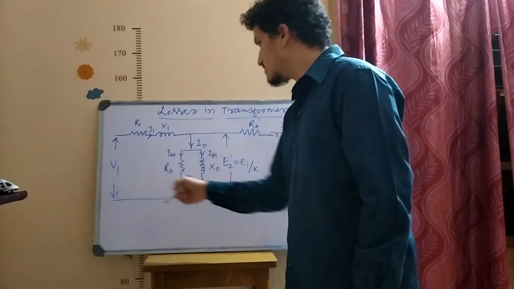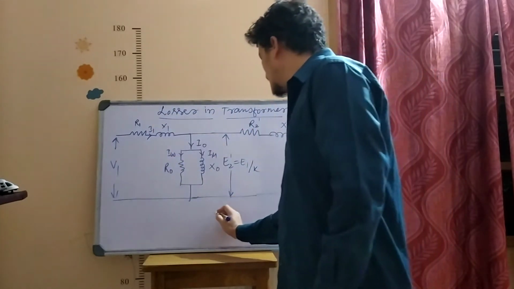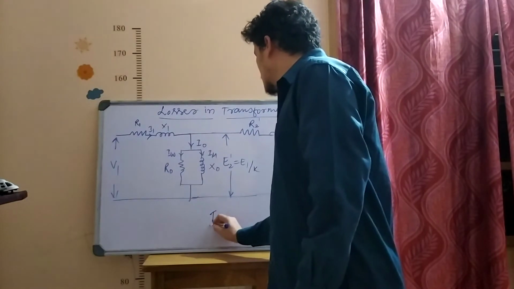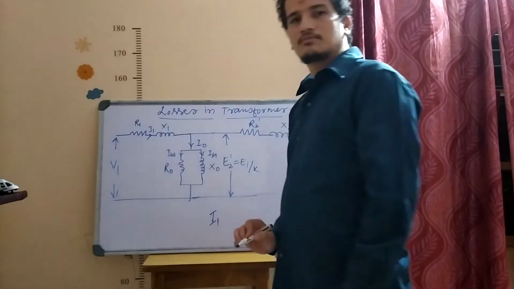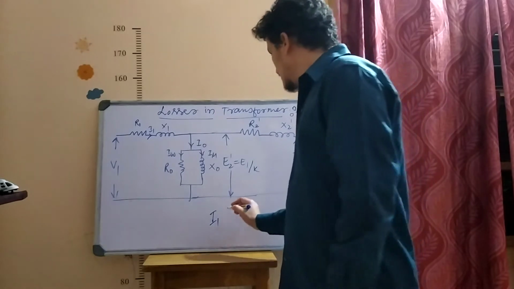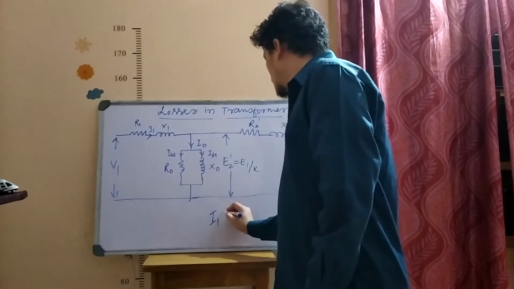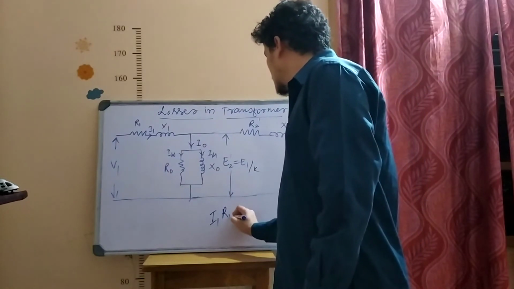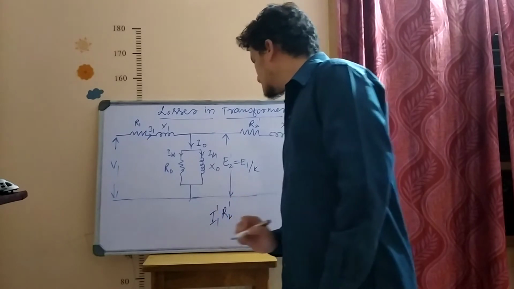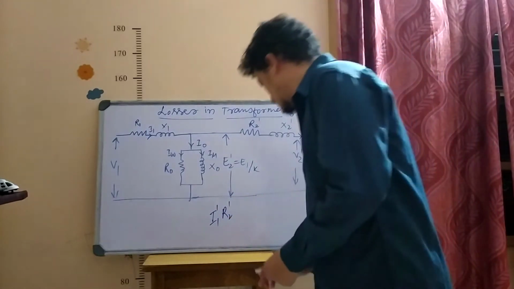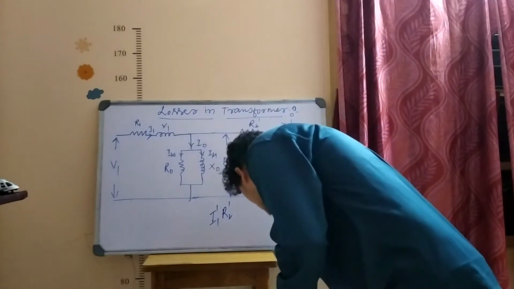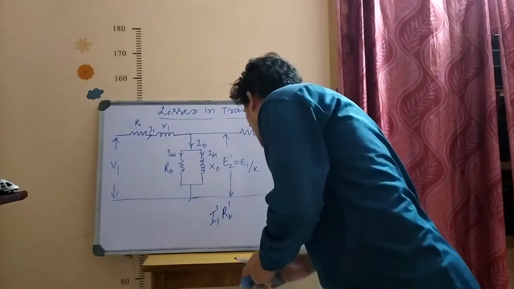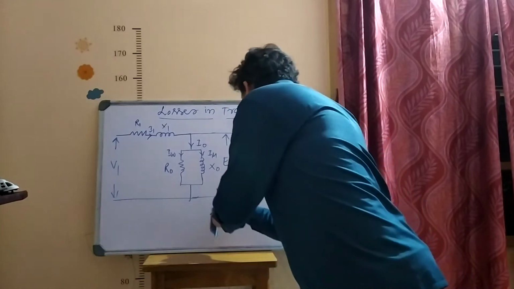Then this circuit is called the equivalent circuit. Very simple. So the loss is I1 square R2 dash.